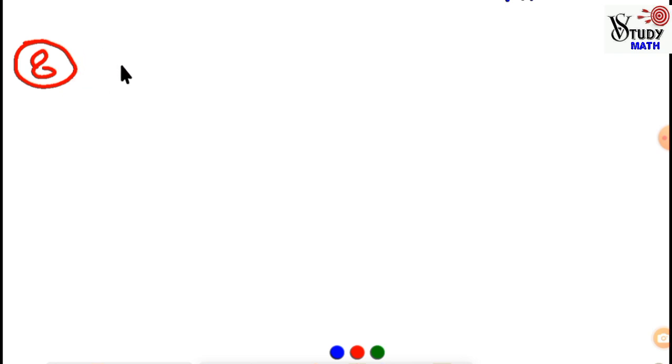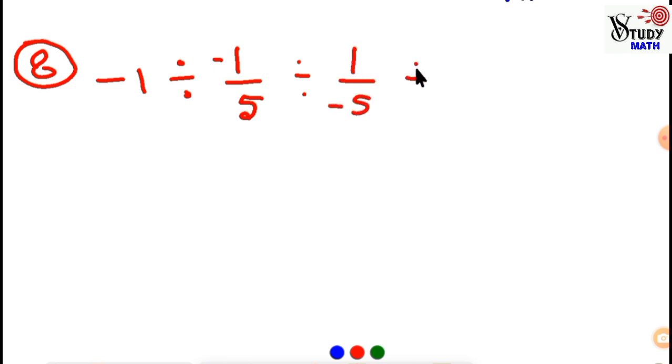Now we have to find the absolute value of 1 divided by negative 1 by 5 divided by 1 by negative 5 divided by negative 1 by negative 5, and we have to solve this question.